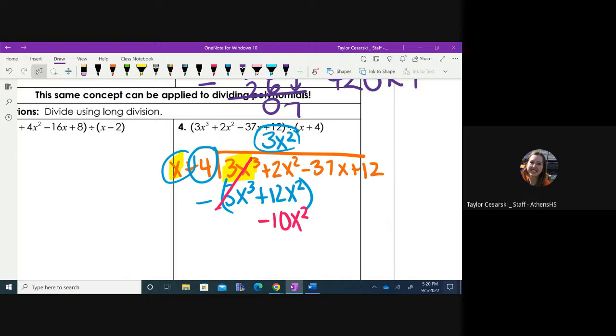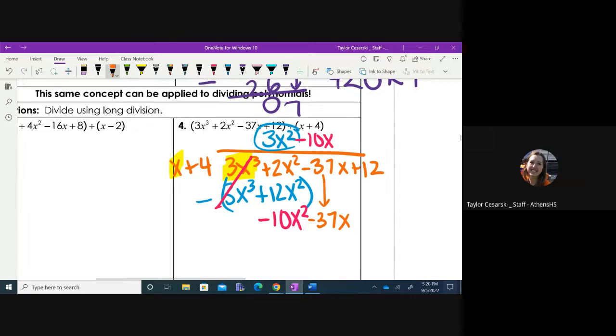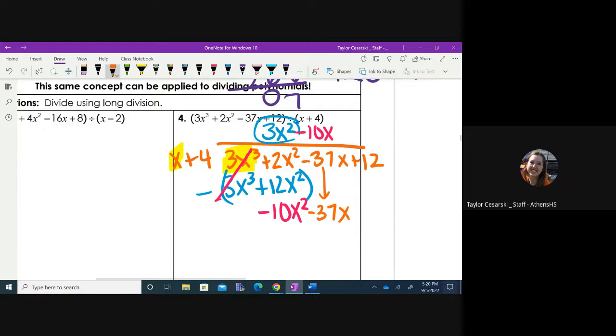And then we're just going to repeat the process. So we're thinking x times what will give me negative 10x squared? And that's negative 10x. I'm going to go ahead and bring down my negative 37x from the problem. And then I'm just going to multiply both pieces like we did in the previous one. So negative 10x times x is negative 10x squared.